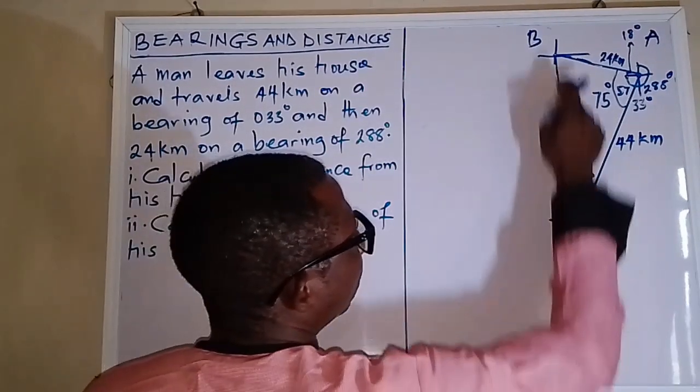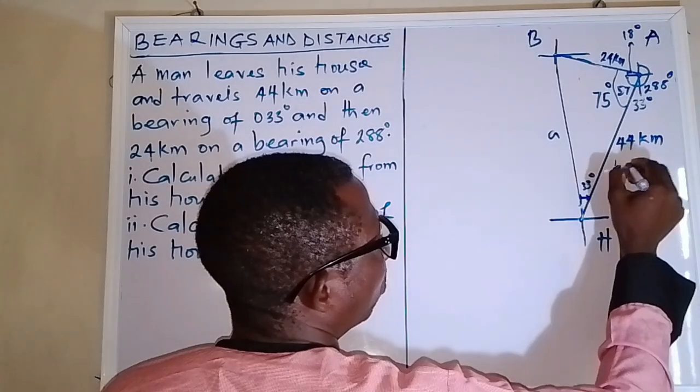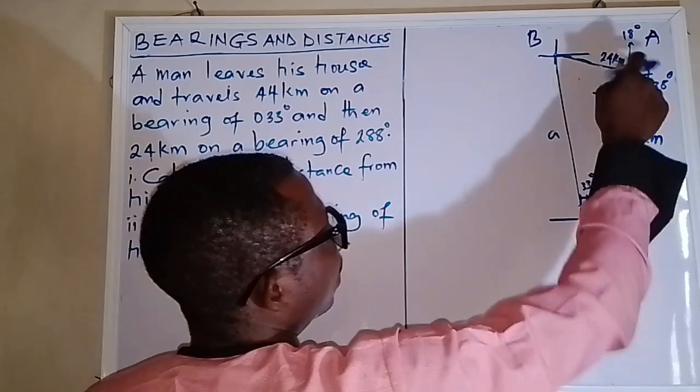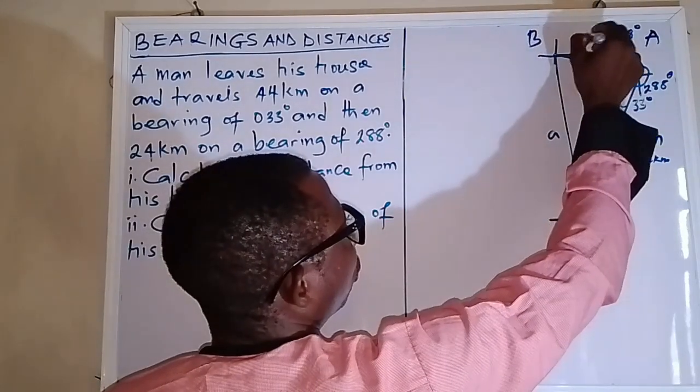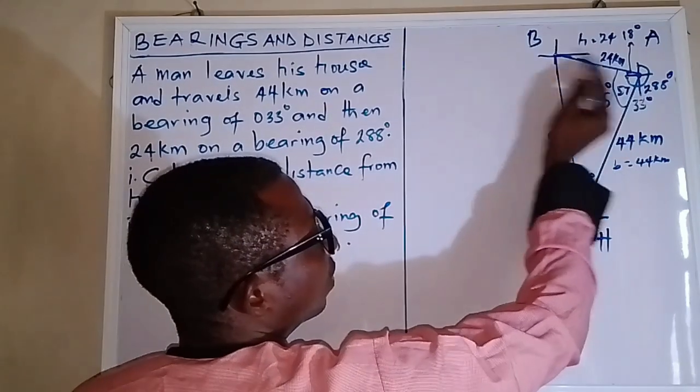Okay, so you can now get this distance. This is side B, this angle B, side B. So small b equals 44. And this is side H. So H is 24. Okay, we already have that.